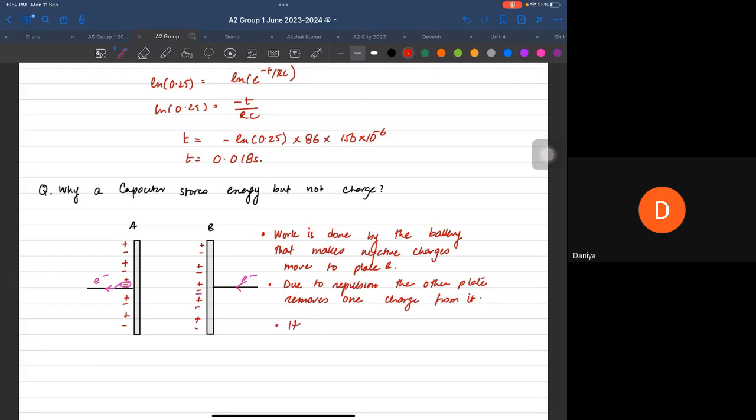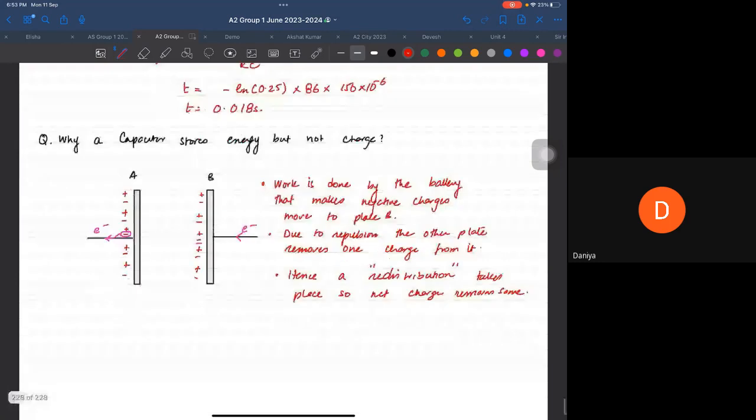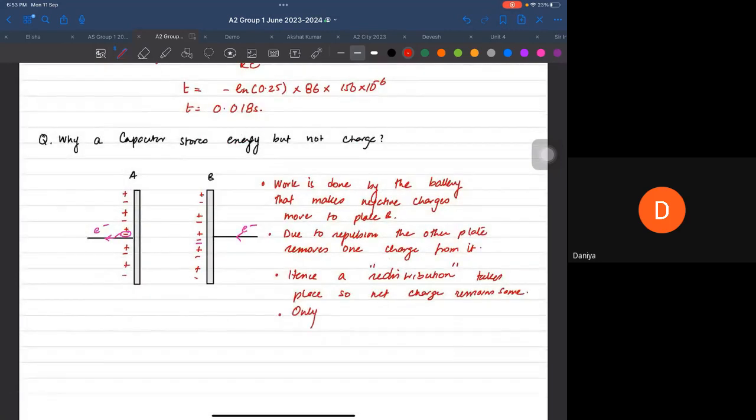So hence a redistribution, this word is very important, takes place. So net charge remains the same. Only the energy is stored. Please write that.